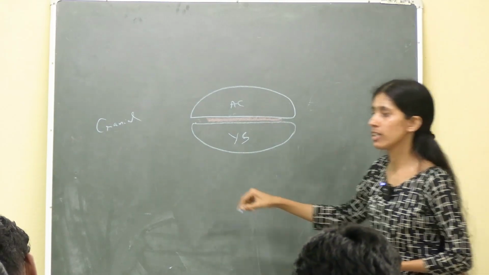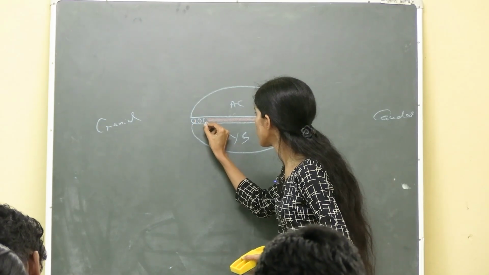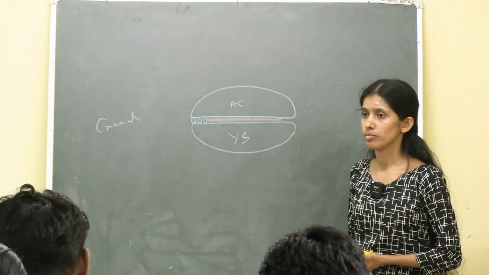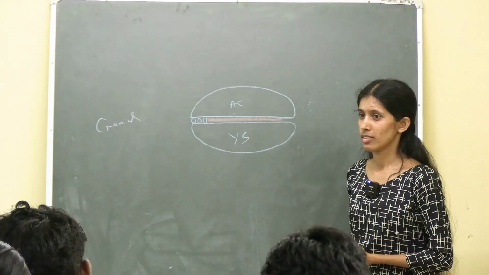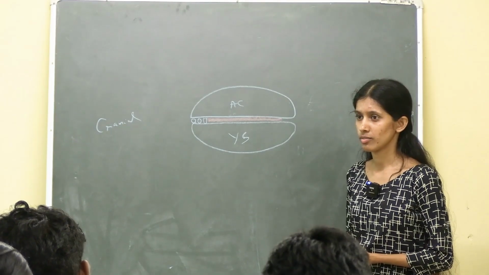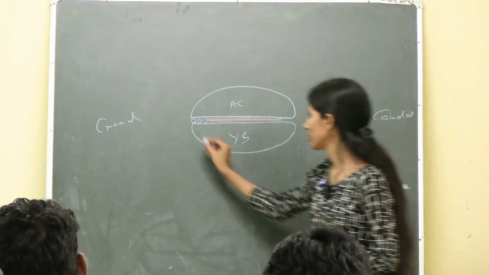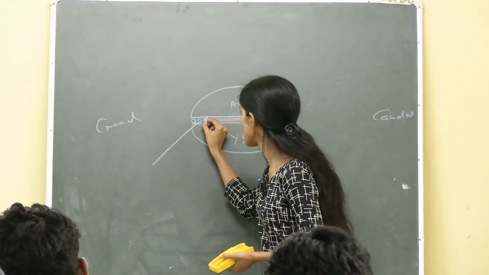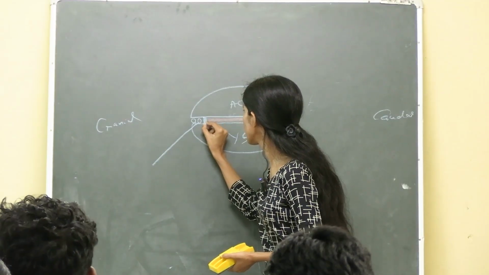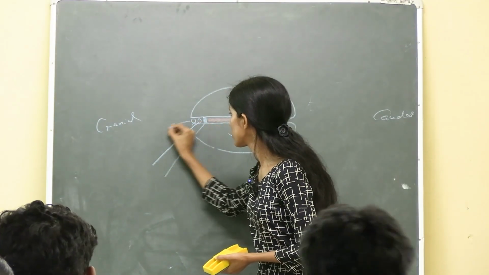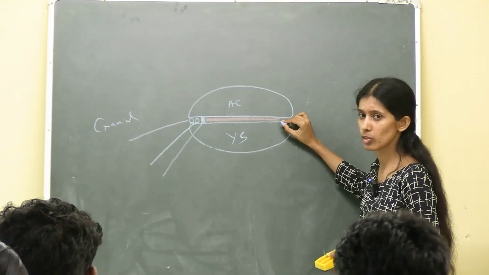On the cranial end we have three important structures. What are those? Brain. Okay. Any others? Okay. Heart. Other than that? Digestive. Okay, fine. Anything else? You guys have a textbook, right? No textbook?